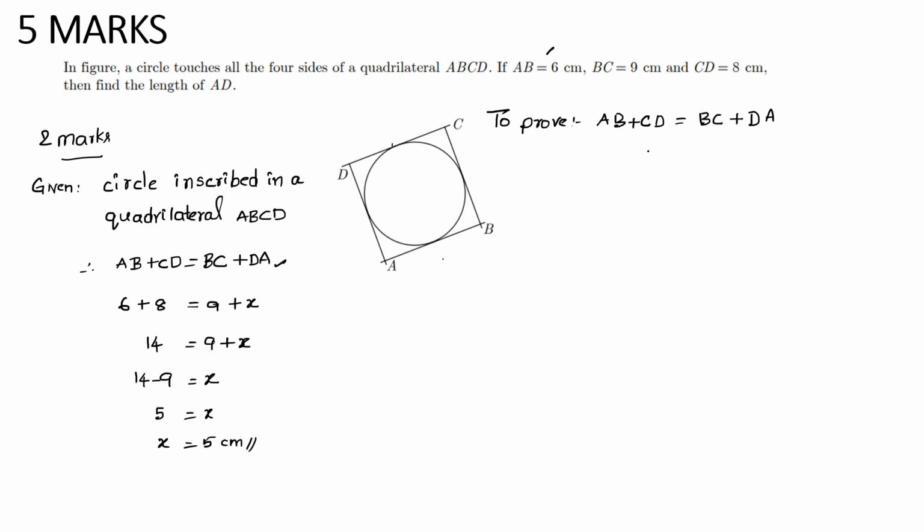Now, since AB, AD, CD and CB are touching the sides of the circle, they will be the tangents, right?